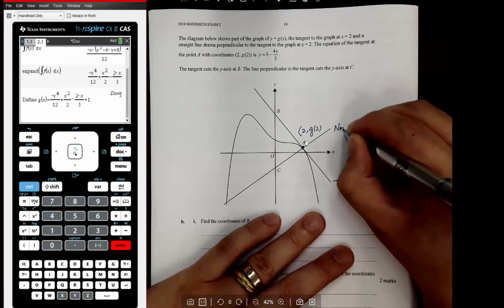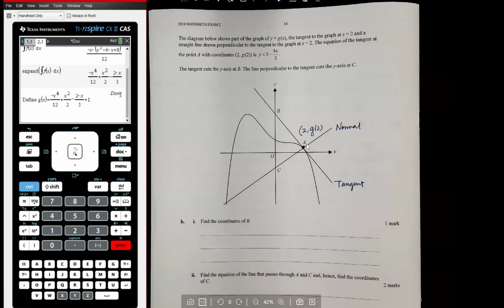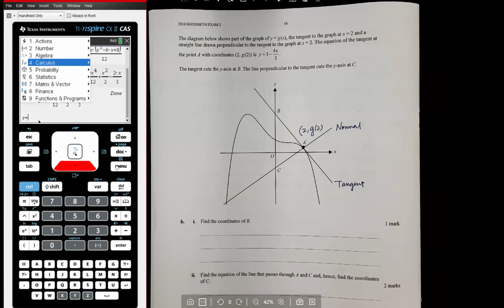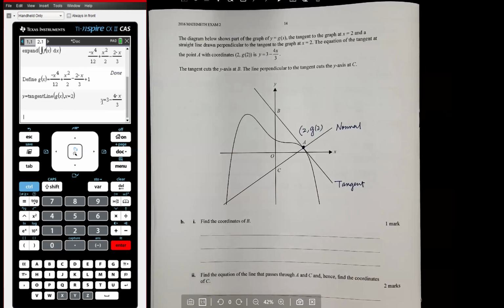This is the normal line, okay? Normal means the line perpendicular to the tangent at the same point. We would like to find AB, so we can actually use, for example, menu, calculus, tangent line, g of x comma x equals 2. So you get 3 minus 4x over 3.